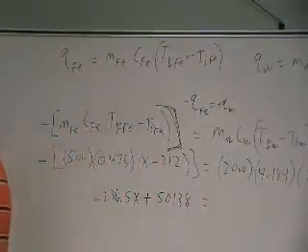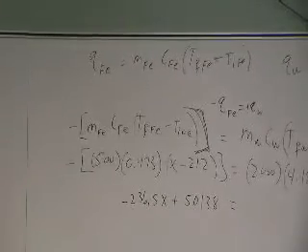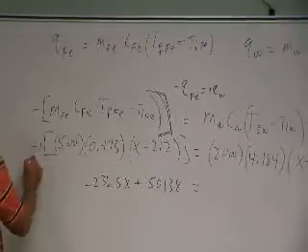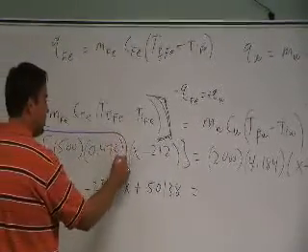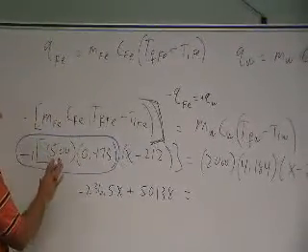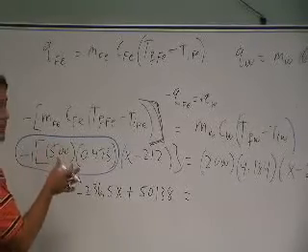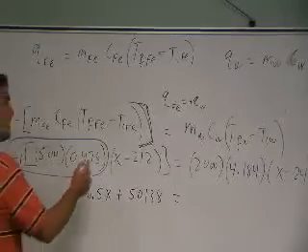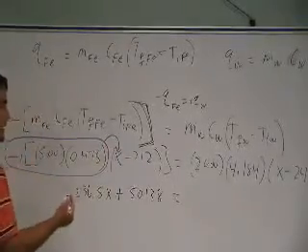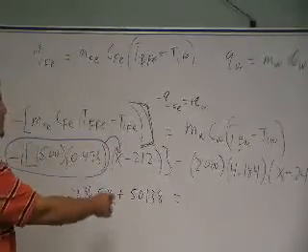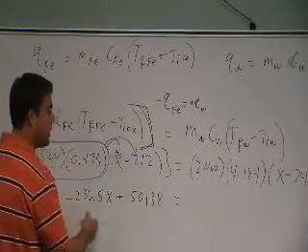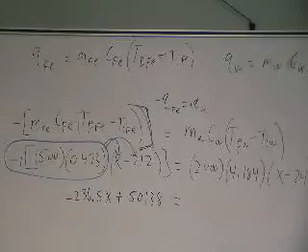Let's take a look at what I did algebraically. I took negative 1 times 500 times 0.473, multiplied all that, and got negative 236.5. Then I distributed into that x, put the x there. Then I distributed here, which makes, of course, a negative times a negative a positive, 50,138.